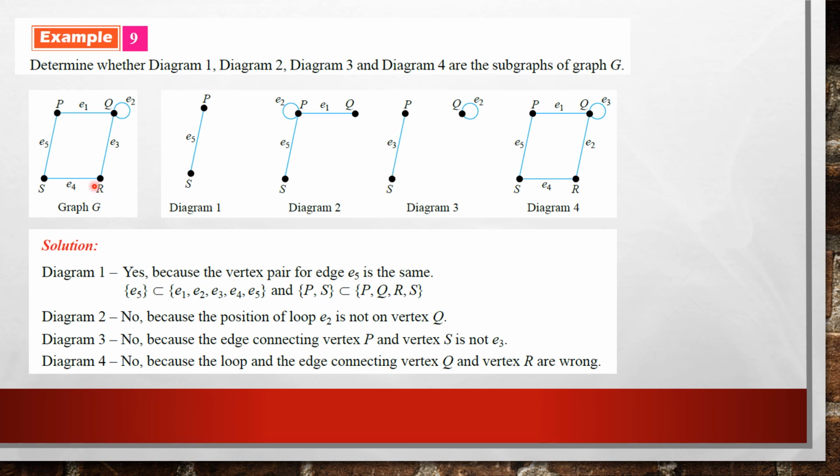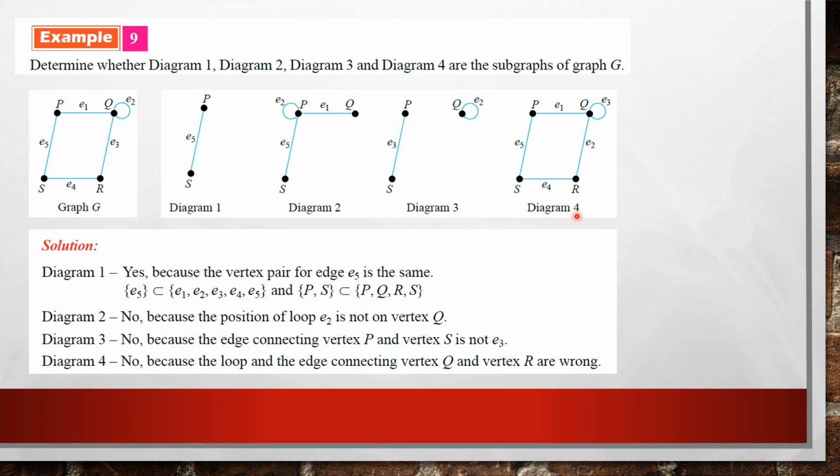But in graph G, the edge is E5. So diagram 3 is also not the subgraph of graph G because the edge connecting vertex P and vertex S is not E3, it is supposed to be E5.